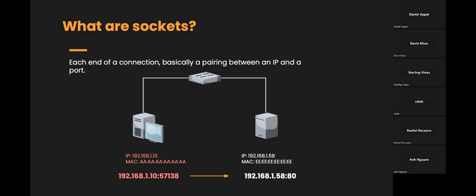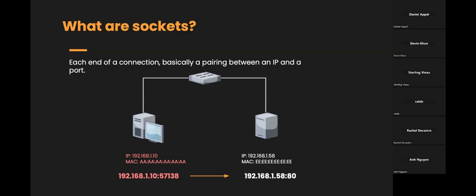So in this example, the one on the left would probably have an ephemeral port. It would just get some random high number port to establish a connection with likely a web server hosted on the device on the right, which is hosted on port 80.